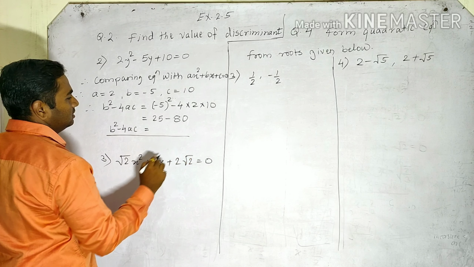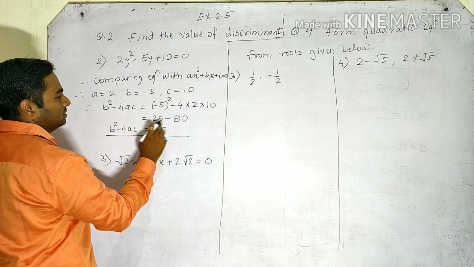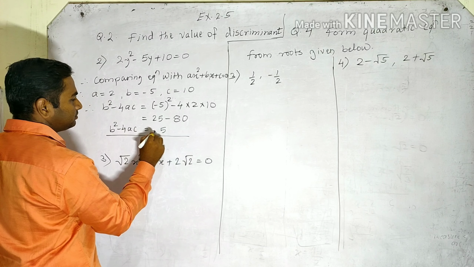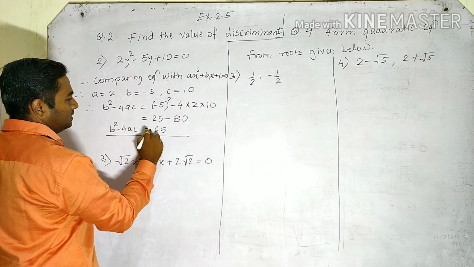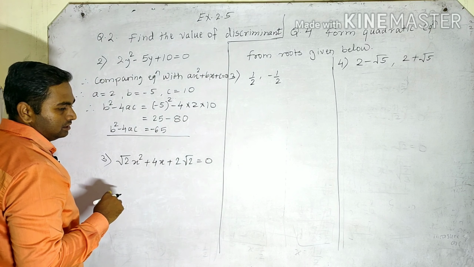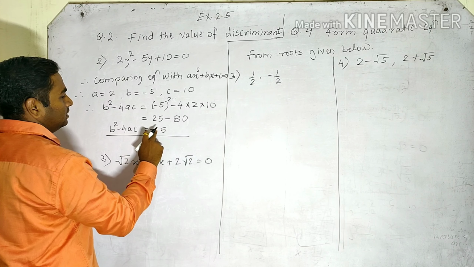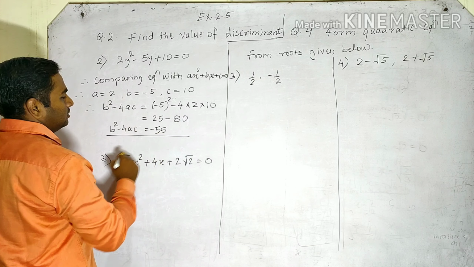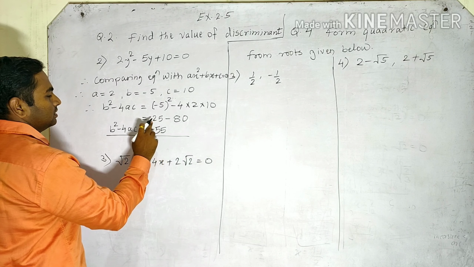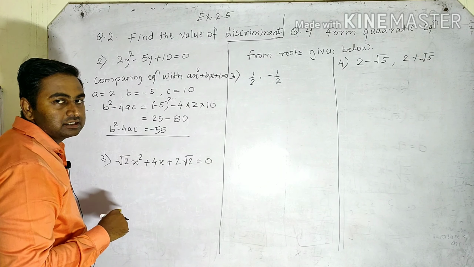If we subtract this, 25 minus 80, we get minus 55. Okay, so the b square minus 4ac's value is minus 55.